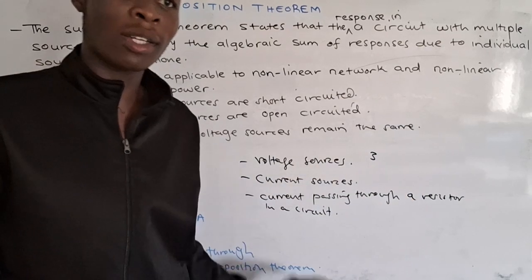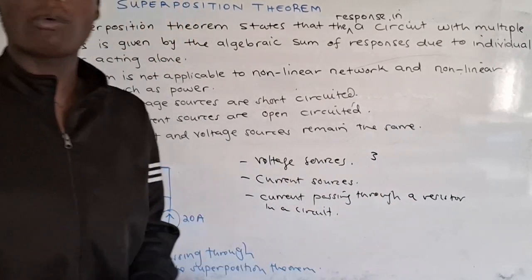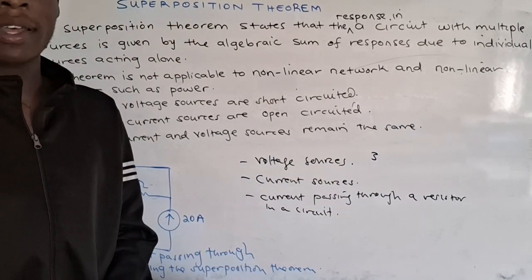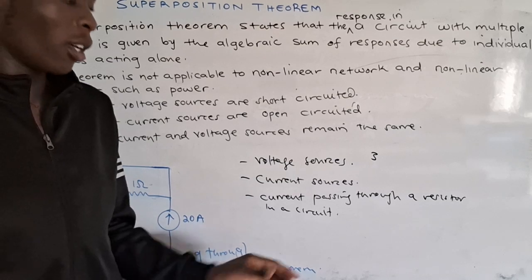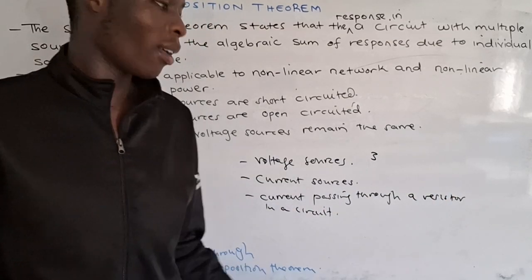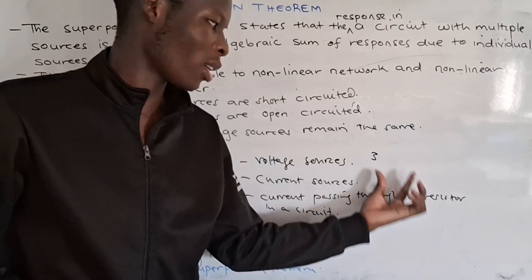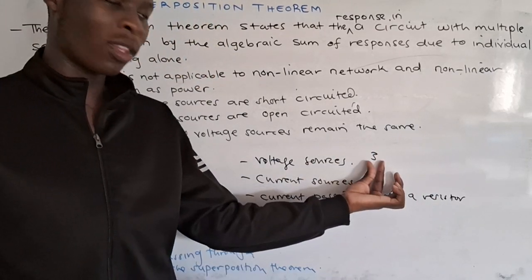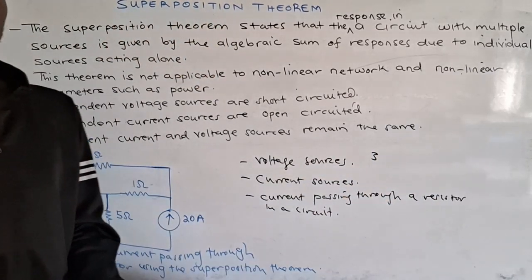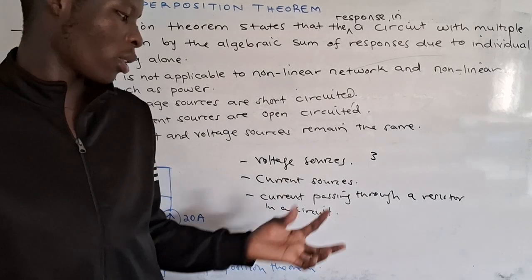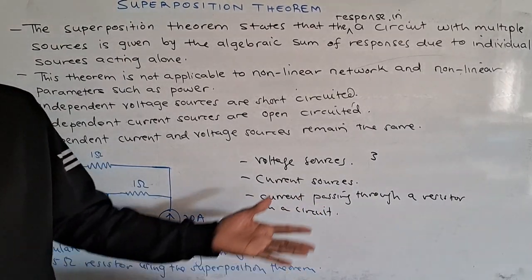If you have the third source, what will be the current flowing through this resistor? Now you have 3 currents. You sum up the currents. Then only will you be able to calculate the current passing through the resistor due to these sources.